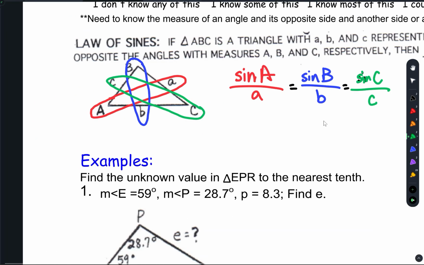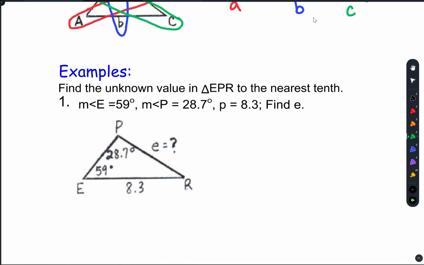So let's take a look at the first example here. It says find the unknown value and round to the nearest tenth. So what I'm looking for is this side length E. Now, when I start these problems, I start by lining up the opposite pieces. An angle goes with a side. Again, here, an angle goes with a side. That's all I need to set up a proportion: 4 values, and one of them can be a variable.